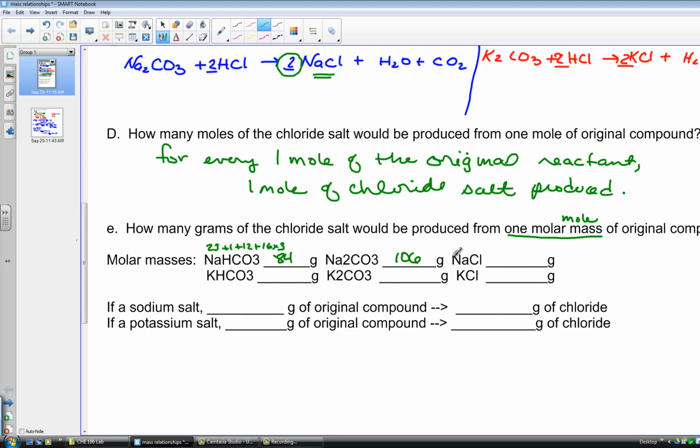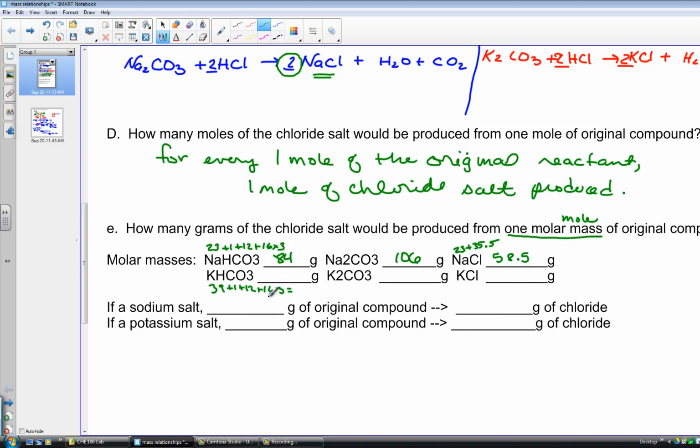How about sodium chloride, NaCl? With NaCl, let's see, 23 for sodium, and I'm going to use 35.5 for chlorine. So 23 plus 35.5, and you found, like me, I'm sure, 58.5 grams of salt. Same work here. Let's find molar mass. Potassium, I call that 39. 1 for the hydrogen, 12 for the carbon, and 16 times 3 for the oxygen.